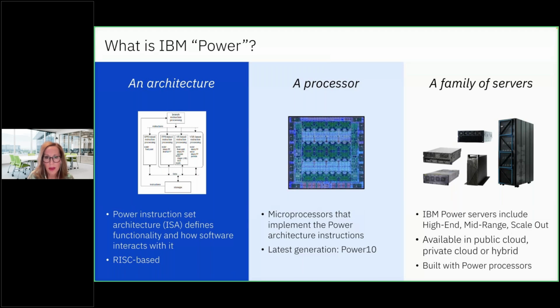That family includes high-end, where there are multiple upon multiple workloads running on those Power servers. We also offer mid-range and scale-out, and scale-out can be used for virtually any environment, including edge computing.